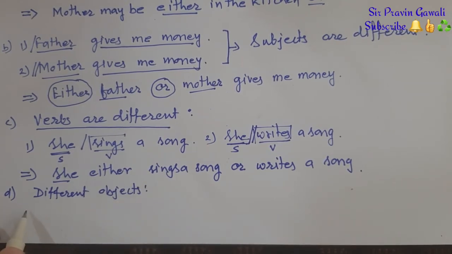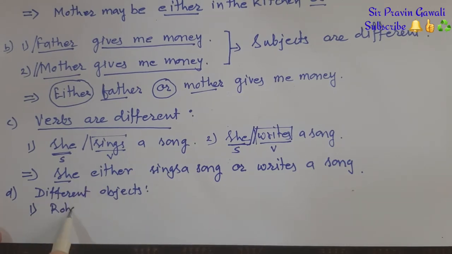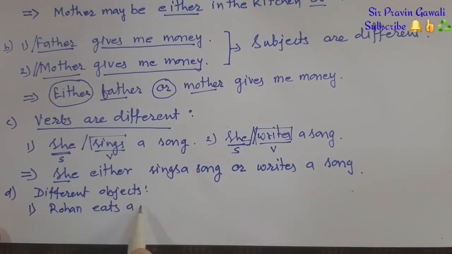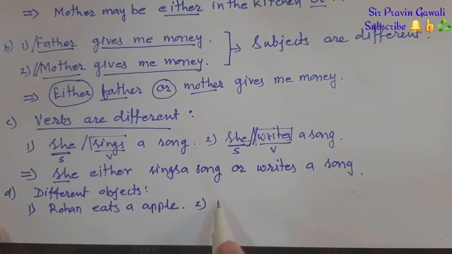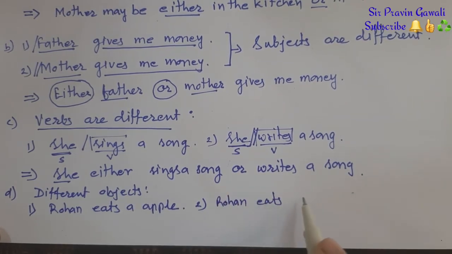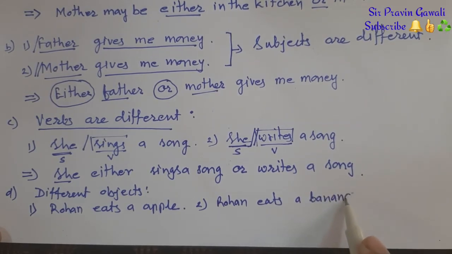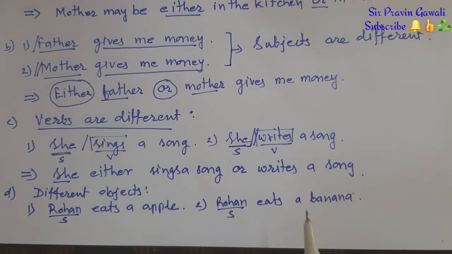Let's have an example. Rohan eats an apple. Second sentence, Rohan eats a banana. So here Rohan is the subject, both are similar.